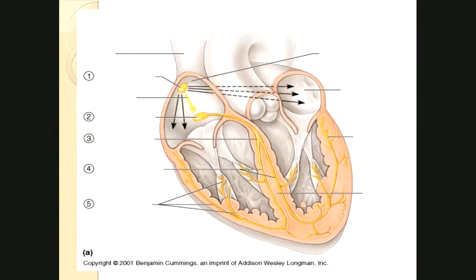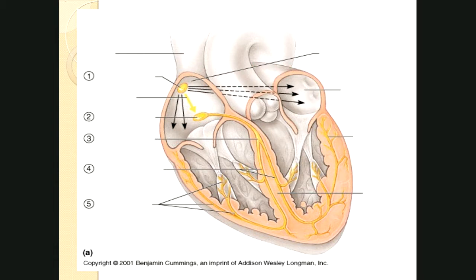And then Kayla asked, is the actual pacemaker attached to the heart, or is it just hanging around it? Now, are we talking about the natural pacemaker, or are we talking about an artificial pacemaker? Because the natural pacemaker, this SA node, is part of the heart. So if I took the heart out, the pacemaker would come with it. But an artificial pacemaker is usually here, somewhere way away from the heart.